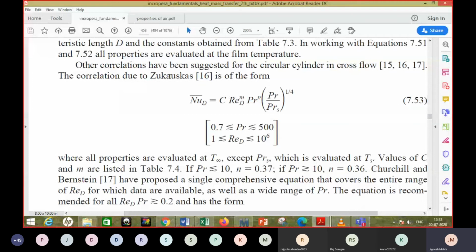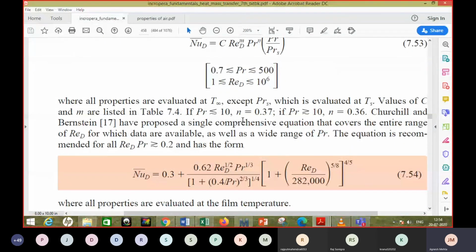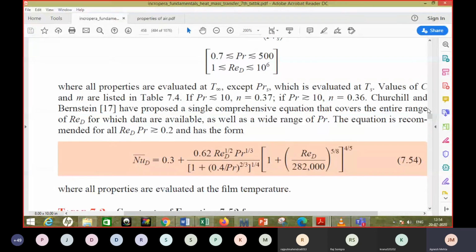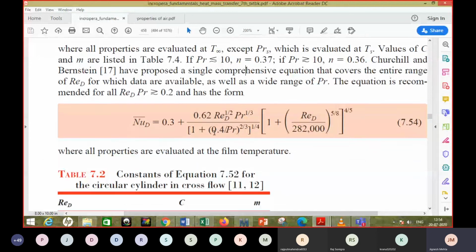So this is the correlation given by Zukauskas, based on his experiments, where he might have performed the experiments in this range of Reynolds number and Prandtl number. We have one more general correlation also by Churchill and Bernstein, and it is in this form, though the formula seems to be a bit more complex.